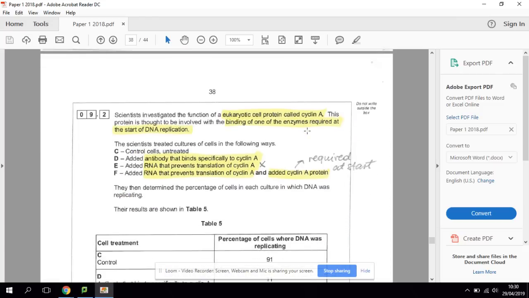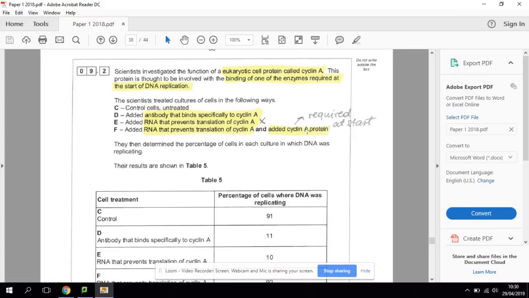Right, then we've got question number 9. Again, another investigation, the function of the eukaryotic cell protein called cyclin A, and this protein is thought to be involved with the binding of the enzymes required at the start of DNA replication, and we've got different ways here.